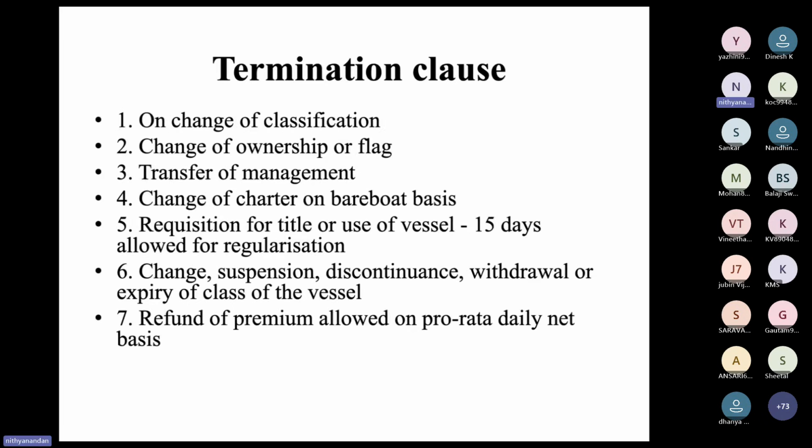The hull policy, collision liability compensates only 3/4 of the liability. What is the liability of the insured ship? The policy compensates only 3/4. Remaining 1/4 is compensated by the club called P&I Club, Protection and Indemnity Club, right?